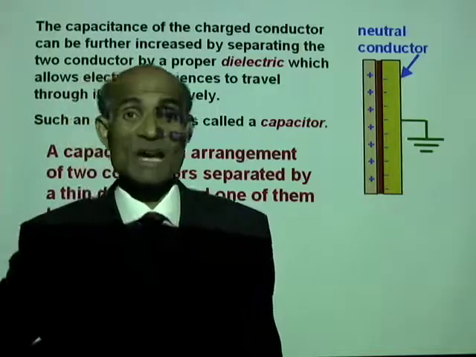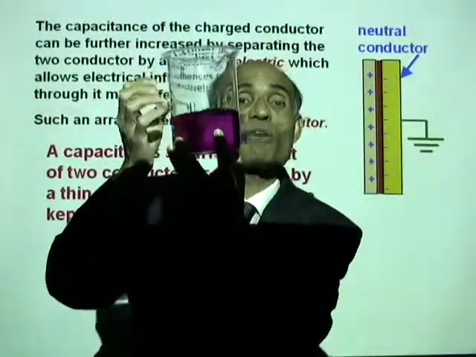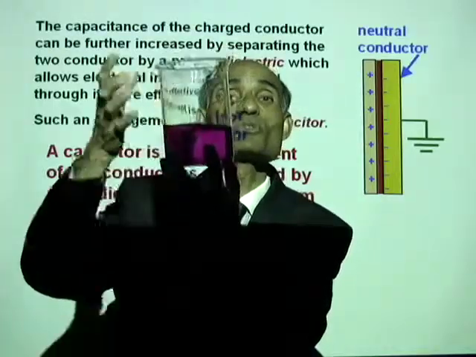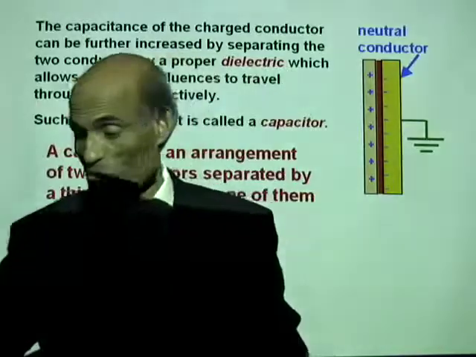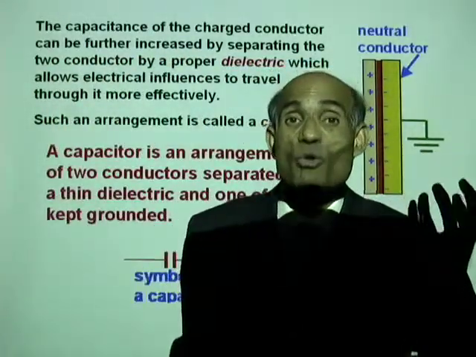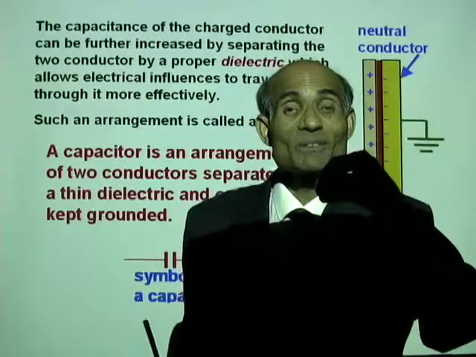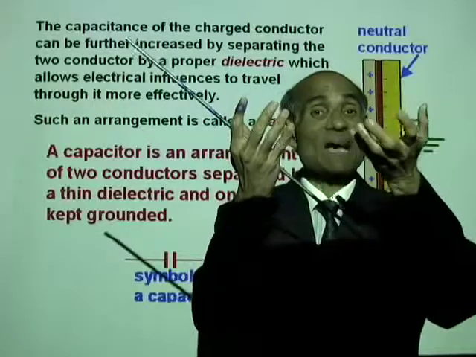Well, if you can answer this question, what is a container used for? A container is used for storing things that it can contain. In the same way, a capacitor is used for storing electric charges. And that's the reason why we try to increase its capacitance.